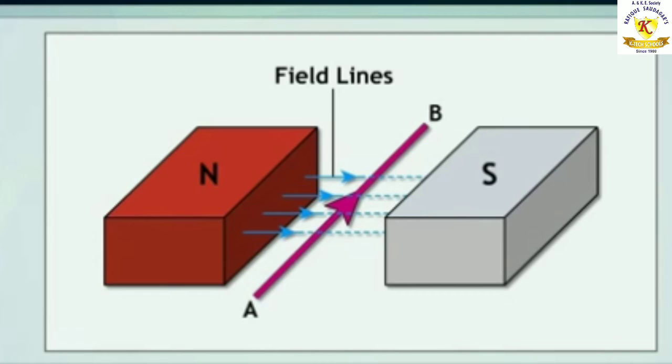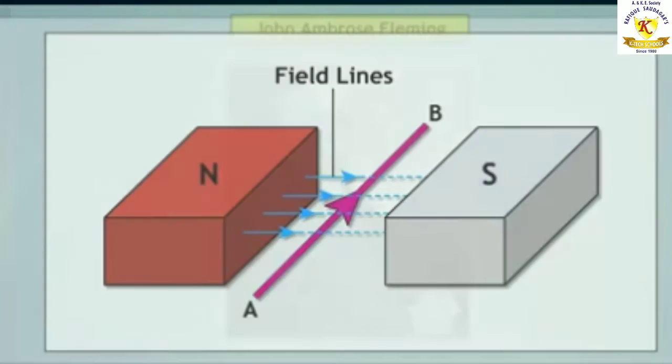The direction of the induced EMF depends on whether there is an increase or decrease in the magnetic flux. Understood, children?